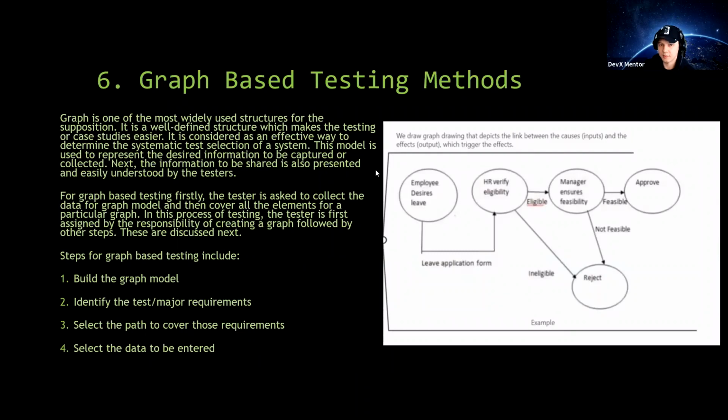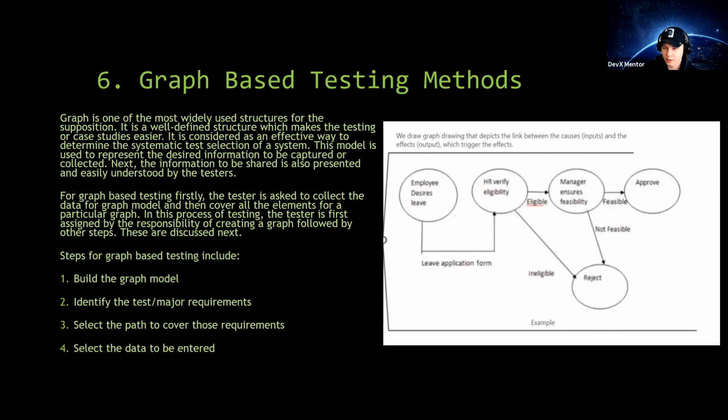Graph-based testing methods. A graph is one of the most widely used structures for this purpose. It is a well-defined structure which makes testing or case studies easier. It is considered an effective way to determine the systematic test selection of a system. This model is used to present the desired information to be captured and collected.